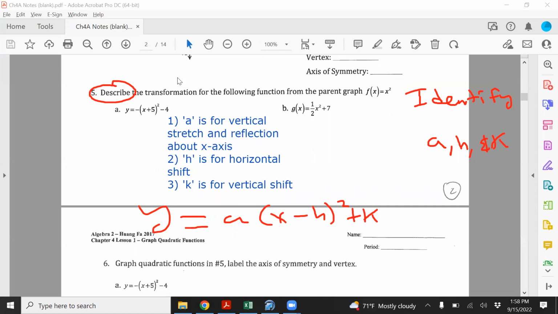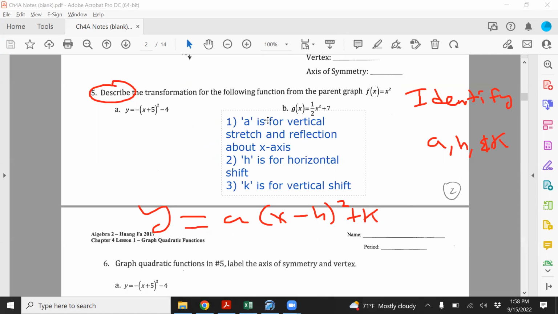Now, when you're asked to describe, you have to go through this list. If you see an a value, you tell me a is this, it's stretching the graph by this much. If you see an h value, h is this, it's moving the graph like this. If you see a k value, k is this, it moves the graph like this. So let me do part a with you, just so you can see what I'm looking for.